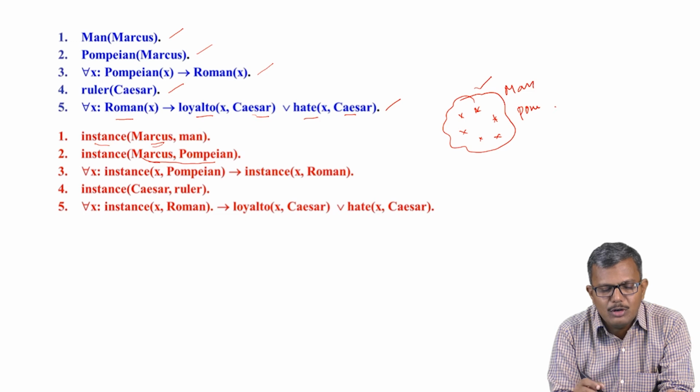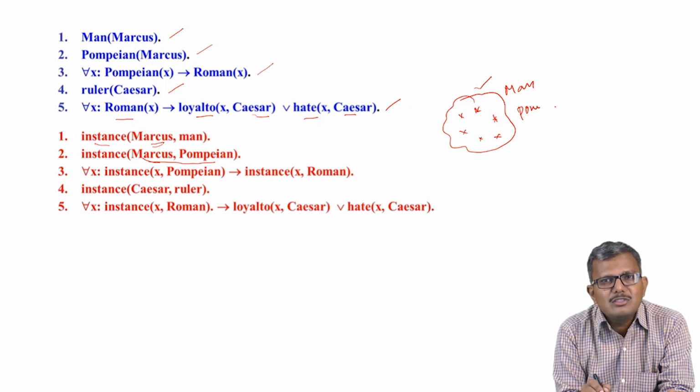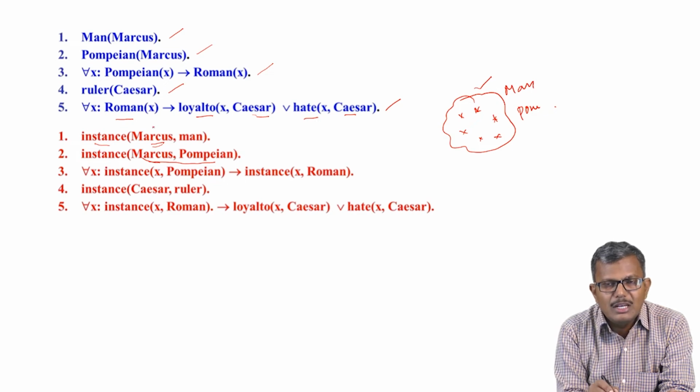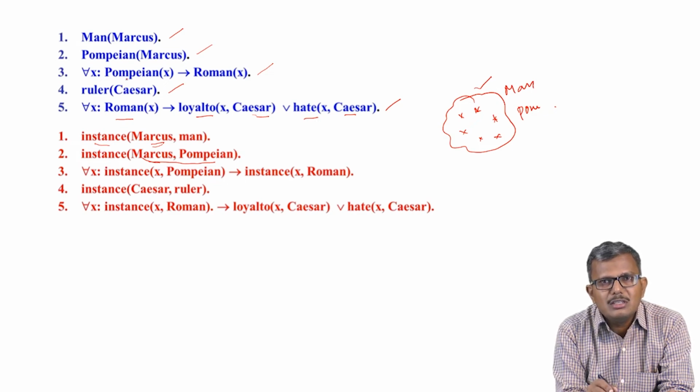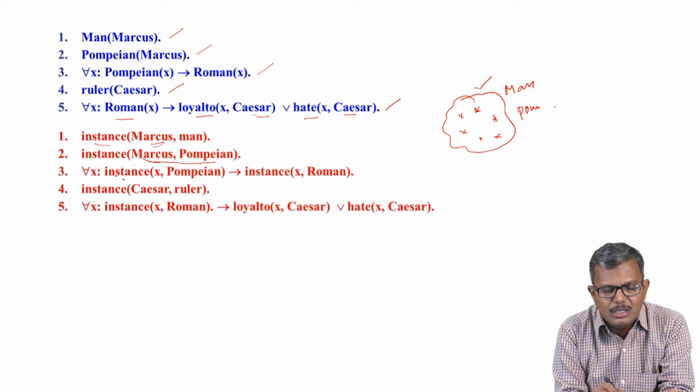For example, if you talk in terms of predicate, now what happens? This instance is going to become a predicate. This Marcus is an object and Pompeian is the class to which this object belongs. Similarly, I have tried to represent all these statements by using instance.